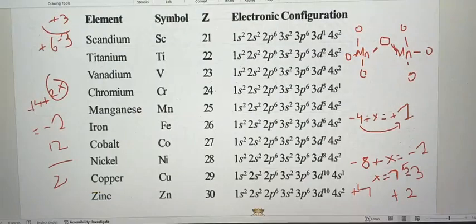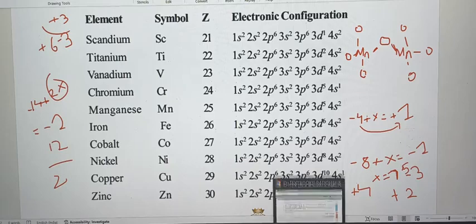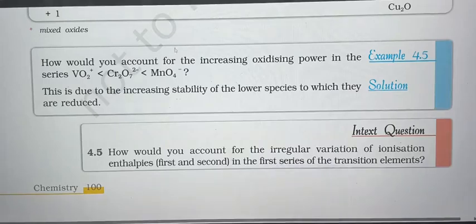If you see chromium's electronic configuration, for +3, 1 electron will be gone, again 2 electrons will be gone. So this will be d3, again a half filled t2g orbital, which is again more stable. So it will gain electrons and become this. But compared to permanganate, it is comparatively less, but still it has oxidizing power to take that electron.